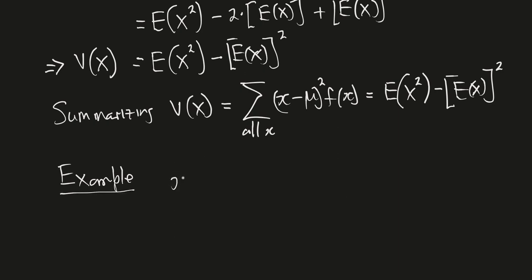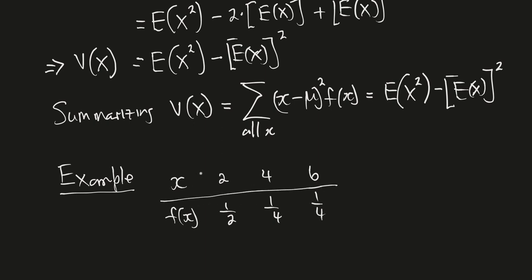So let's say here is our PDF. Feeling like we should just use some even numbers today. So here are the possible values of x, and here are the associated probabilities. So let's say 1/2, 1/4, 1/4, right? So here's our PDF.